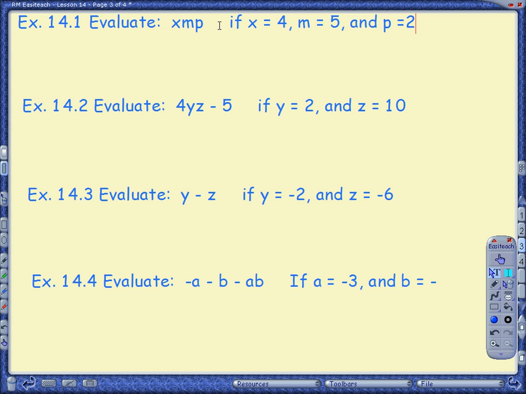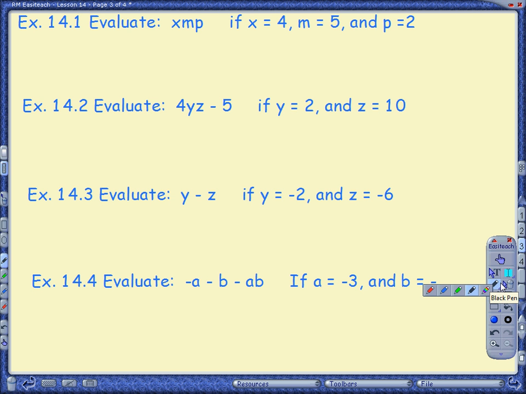So in this first problem, we want to evaluate the algebraic expression xmp, and we're given values for the variables. x is equal to 4, m is equal to 5, and p is equal to 2.